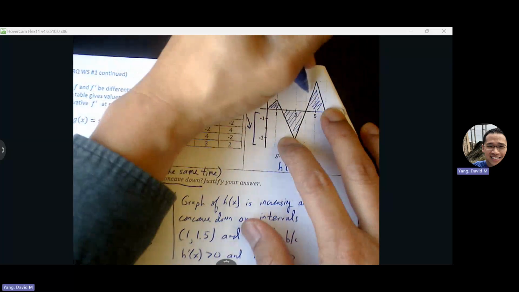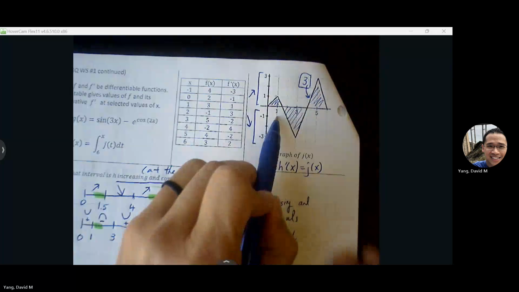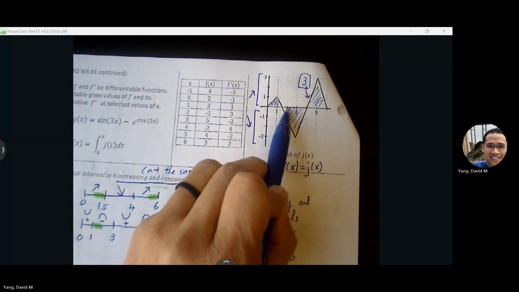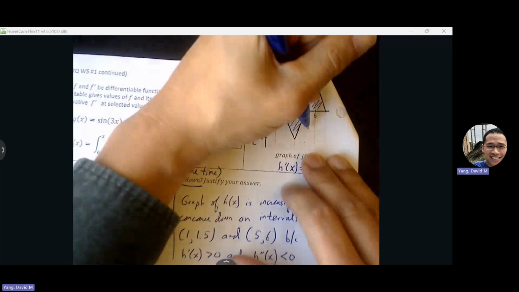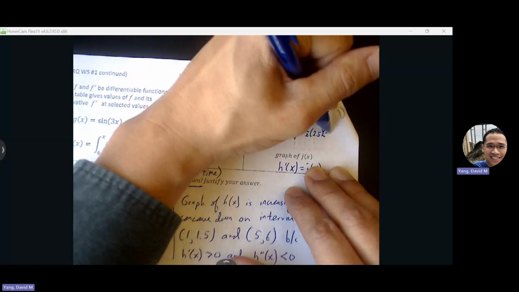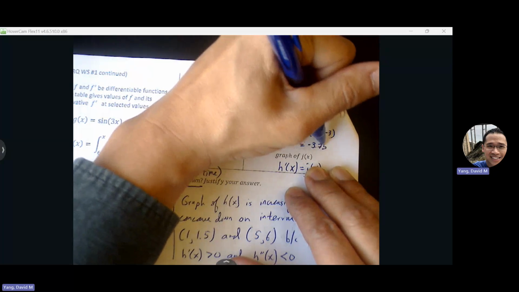So I already know that this is going to be 3. This here, 1/2 base times height. My width here is 2.5, so it's going to be 1/2 times 2.5 times -3, which is -3.75.